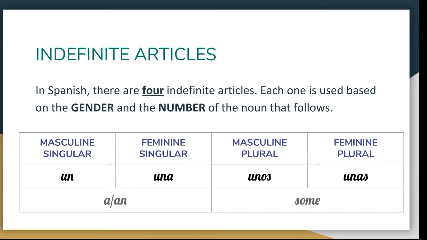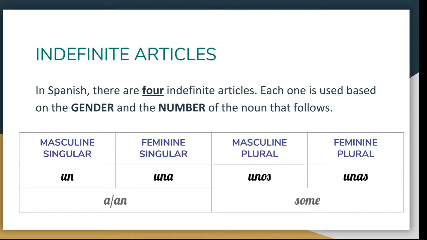So in Spanish, just like for the definite articles, there are 4 indefinite articles. And again, each one is used based on the gender, whether it's masculine or feminine, and the number, whether it's singular or plural, of the noun that follows. So the masculine singular indefinite article is un. The feminine singular is una, and either one of these would be translated to a or an.